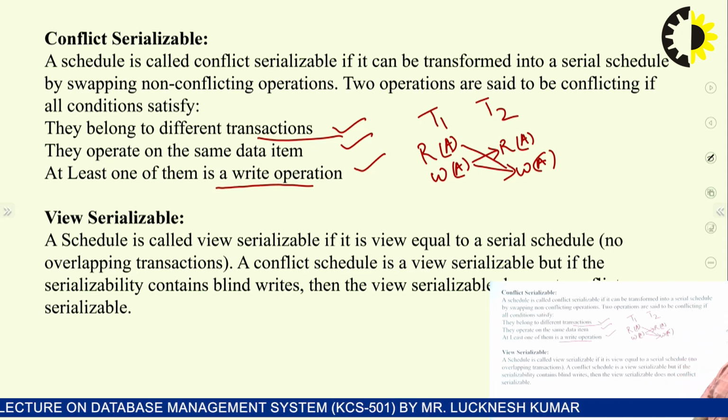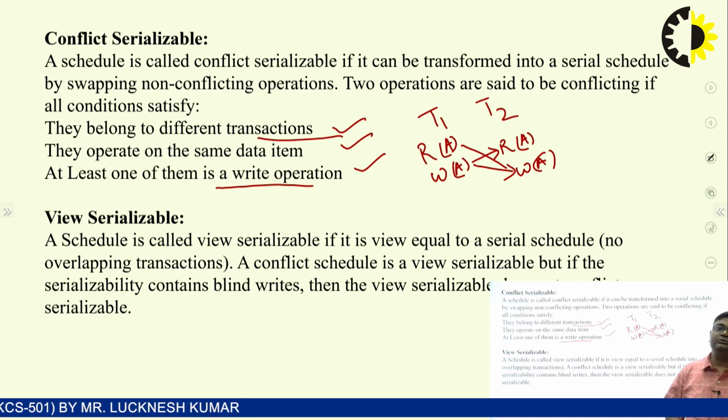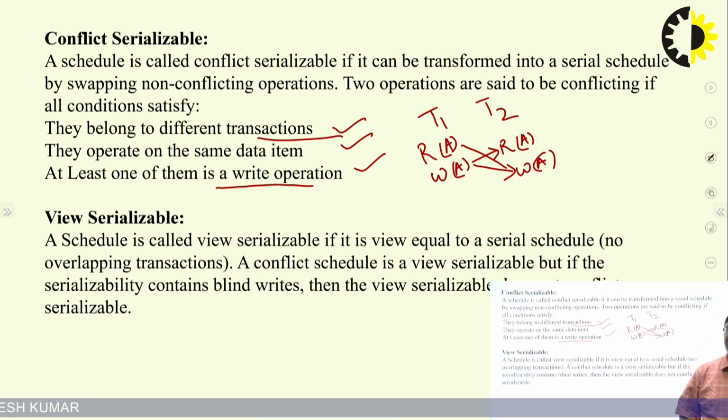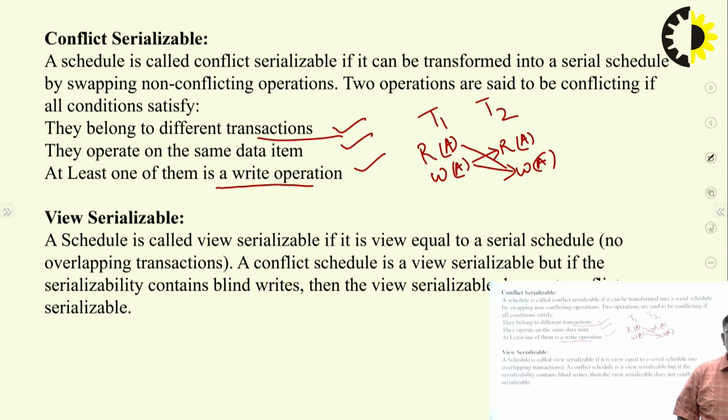Whereas a view serializable schedule is one whose view is equal to a serial schedule, that is, no overlapping transactions take place. Then we can say a schedule is view serializable. A conflict serializable schedule is a view serializable schedule. This point has to be noted.